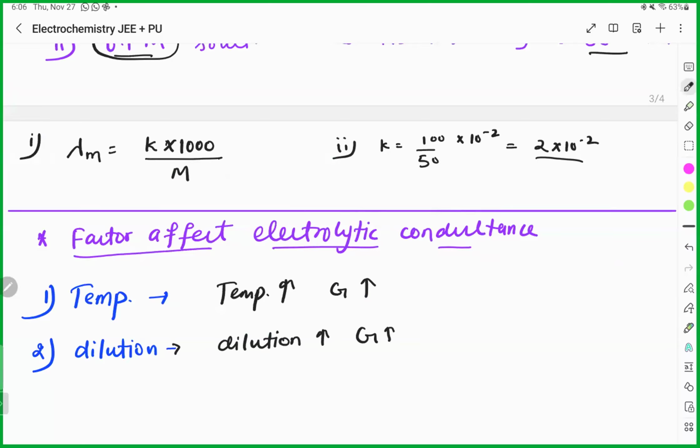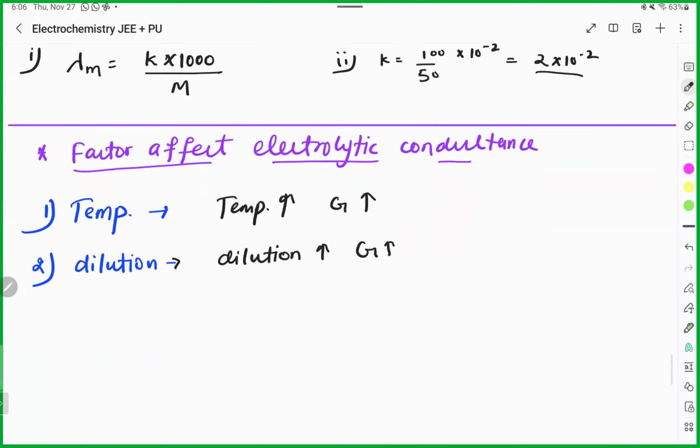So breakdown is there, but very less. Correct. In case of weak electrolyte with dilution, degree of dissociation will increase, right? So conductance increases. Correct. There is more dissociation, but the number in case of strong electrolyte is less. What is the impact of dilution on specific conductance?